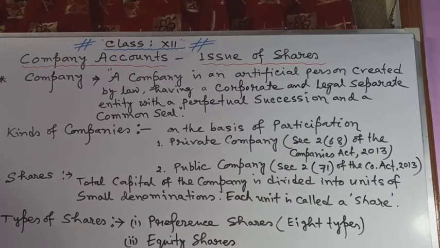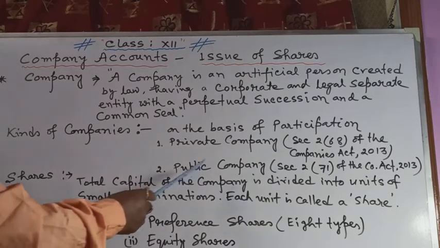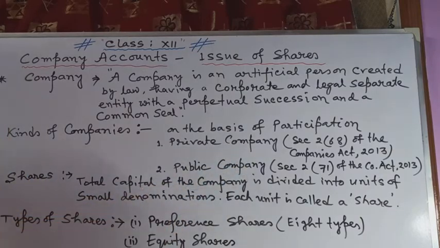Again, there are differences between the private company and the public company. The minimum number of members is 2 and maximum 200 in the case of a private company, but in a public company the minimum number of members is 7 and maximum unlimited.